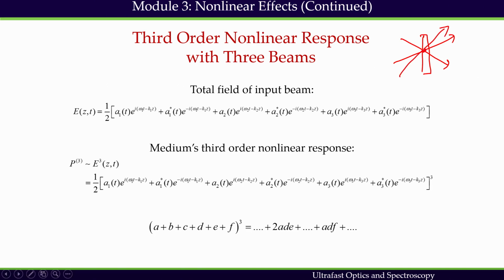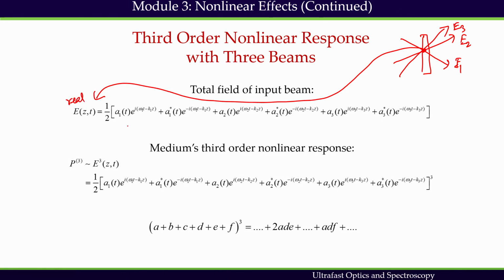So if I have three beams, E1, E2 and E3, then we know that fields would be additive. At this point, the electric field, the real field, is going to be nothing but this: the first beam in complex notation and its conjugate, then the second beam, and the third beam.